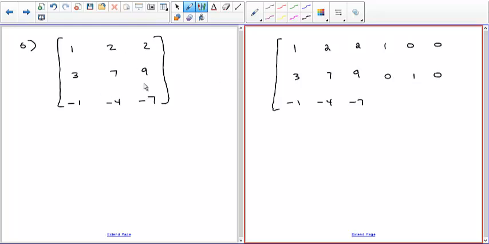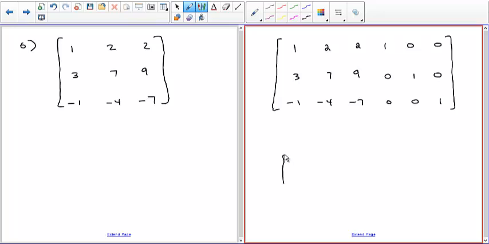So this is a 3 by 3. Matrices have to be square to be able to take the inverses of them. Okay, so that's my augmented matrix. So you can see row 1 is good because it has a 1 in the first spot. The next step is to make those go to 0.